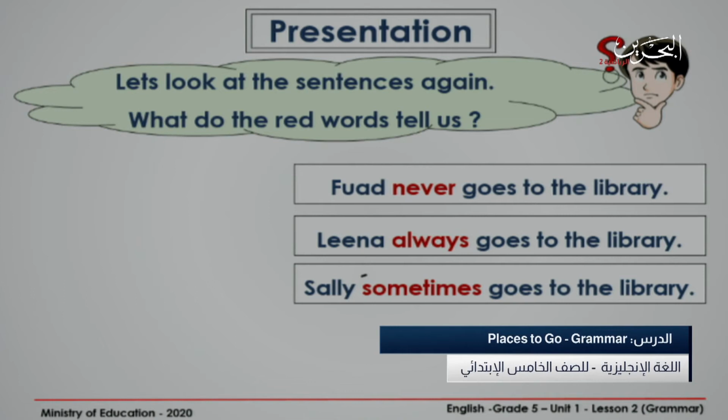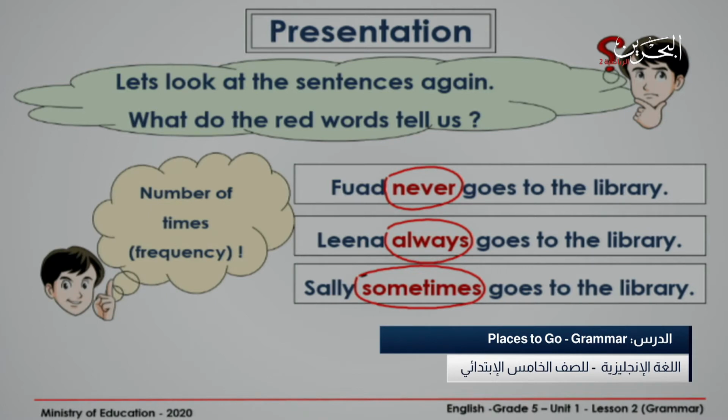Now let's look at these sentences again. What do these words tell you? Never, always, and sometimes. They tell us the number of times. In other words, the frequency.